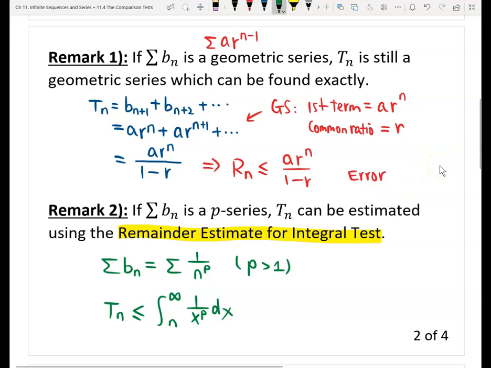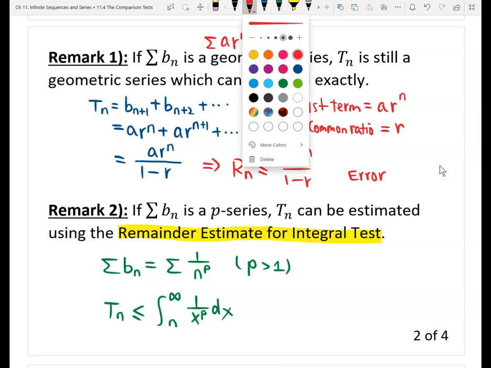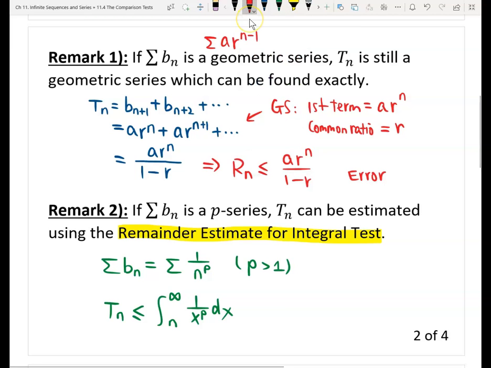Therefore, imagine now what do we have? We do have the error control for the A series now. For the A series, the remainder is Rn. Rn is controlled by Tn. What is Tn? Tn is controlled by this integral.